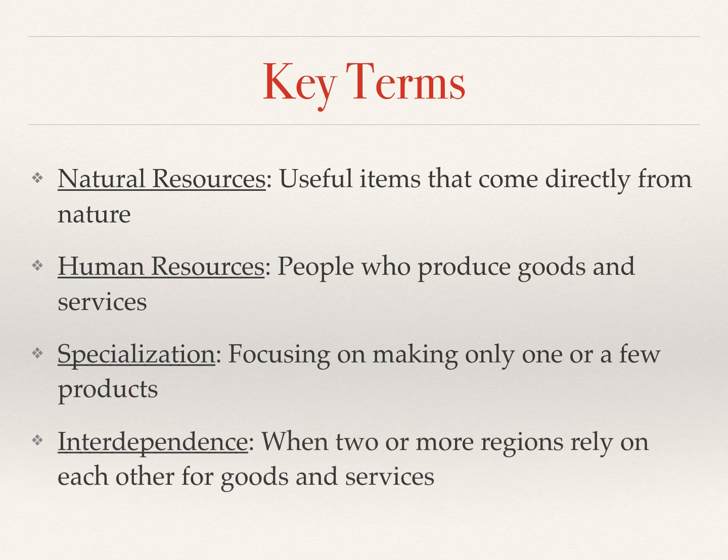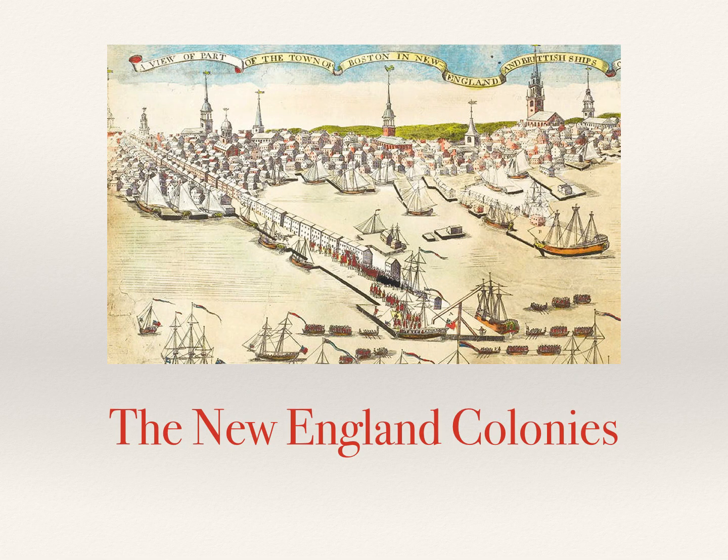And then our final term is interdependence, when two or more regions rely on each other for goods and services. So we'll see that because each region specializes in something specific or a few specific products, they are going to be interdependent, or going to depend on the work of some of the other regions to make sure that they have everything that they need.